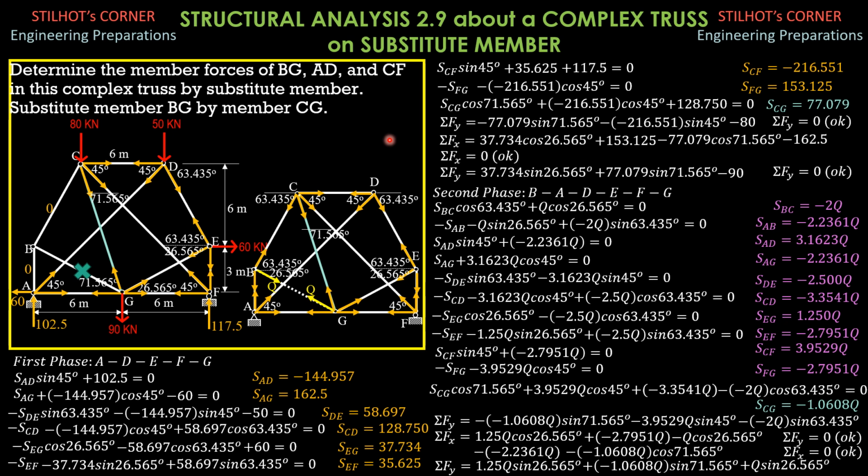So again, SAD is negative 144.957 plus 3.1623 of Q, which is 72.661, and that is 84.819 kilonewtons.